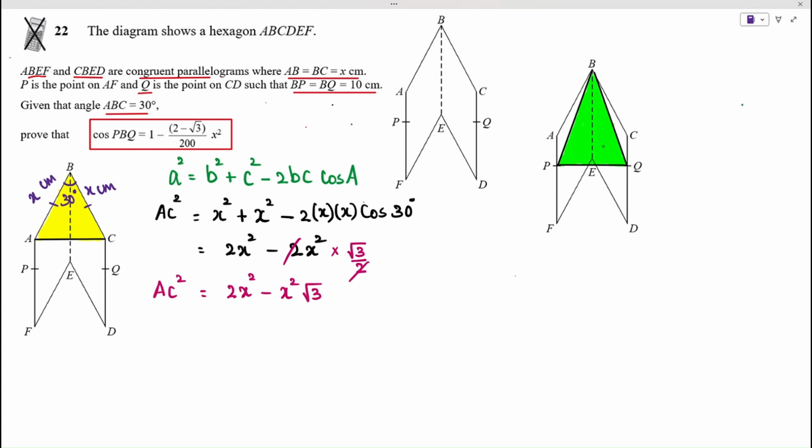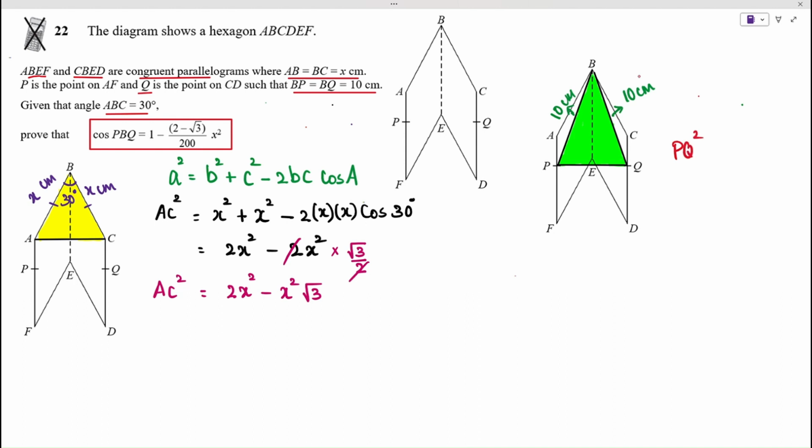We know that our lengths PB and BQ are both 10 centimeters. We don't know our angle PBQ, but we do know the length of PQ. PQ squared will be the same as AC squared.